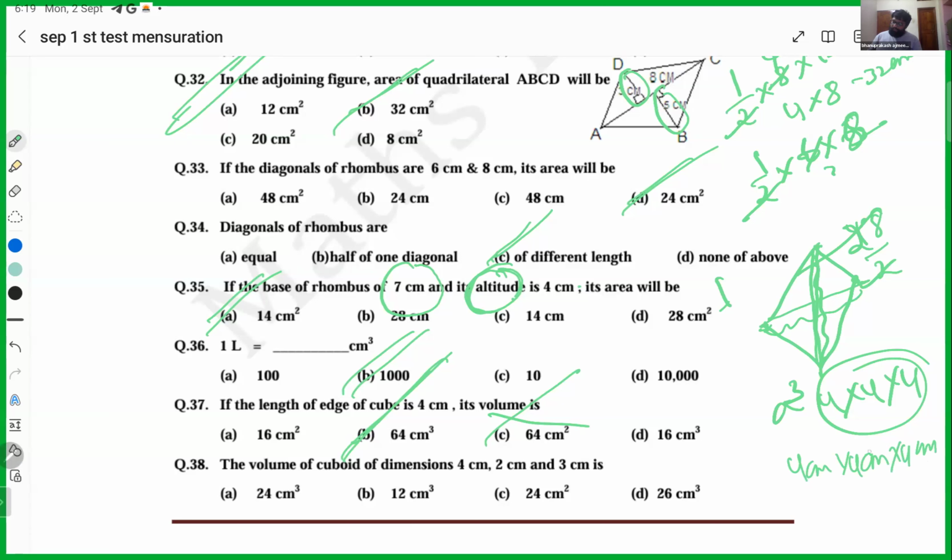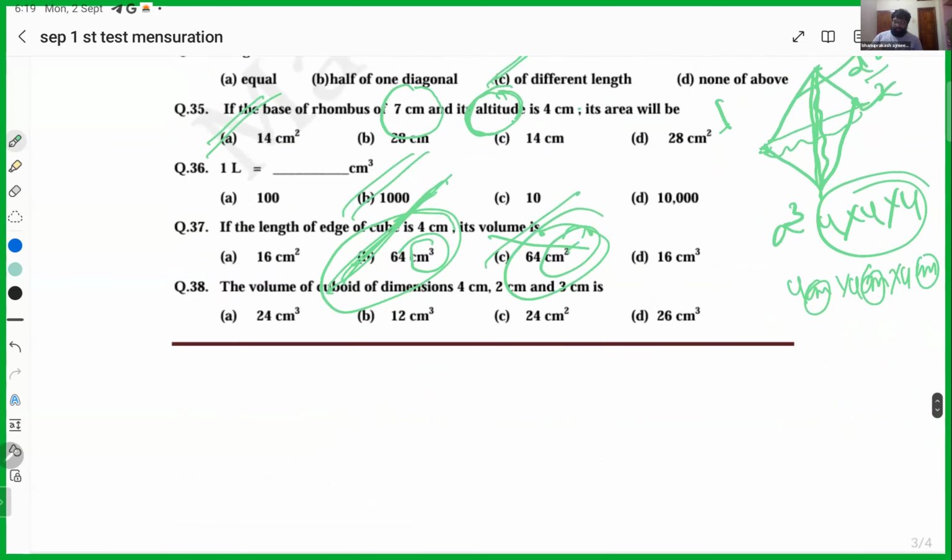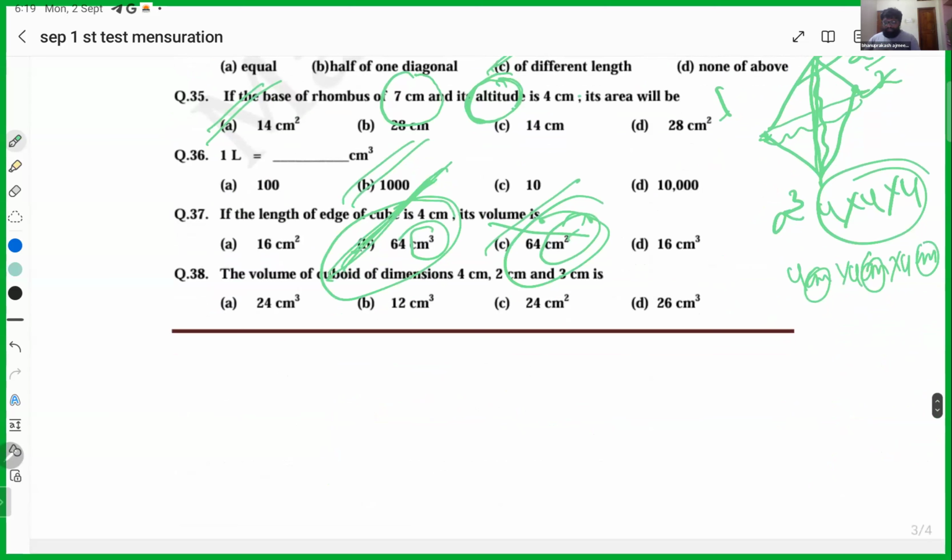As you are multiplying centimeter 3 times, that will be centimeters cube. It will not be centimeter square. Centimeter square means it is area. So volume is different from area. So answer is B.